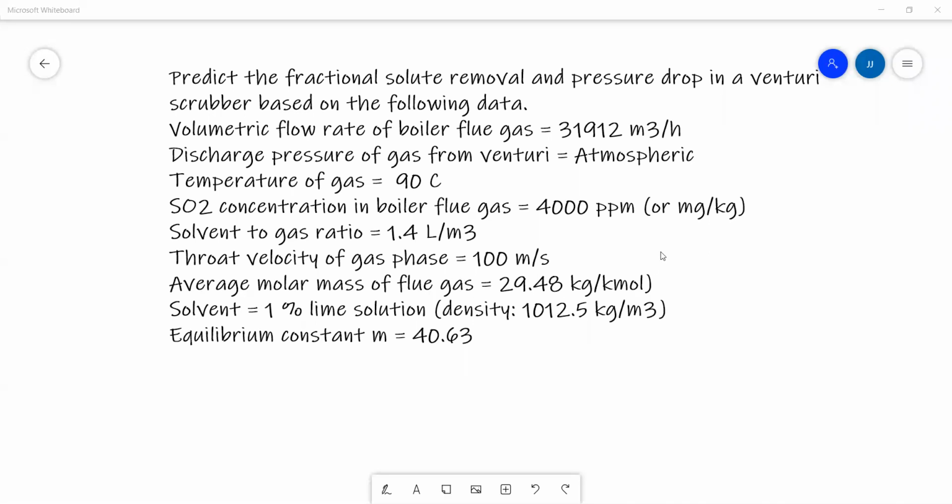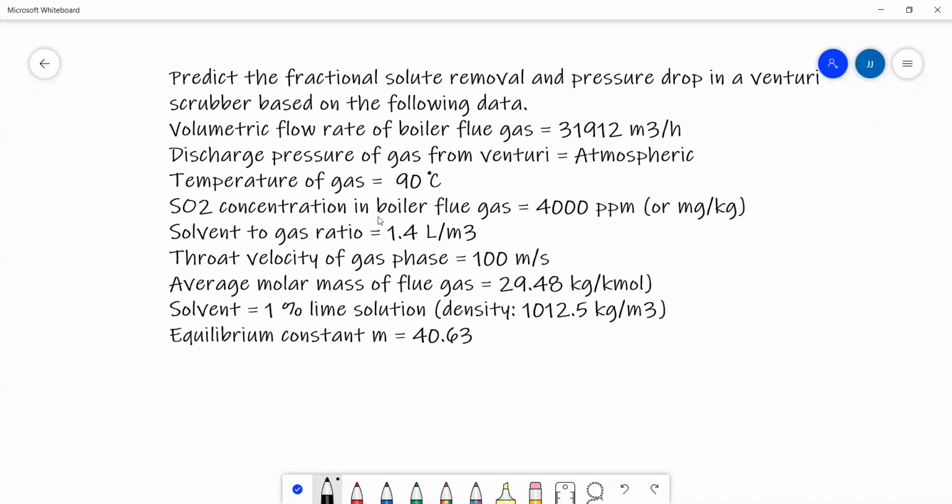Volumetric flow rate of boiler flue gases is 31912 meter cube per hour. Discharge pressure of gas from Venturi is equal to atmospheric. Temperature of gas is 90 degrees centigrade.